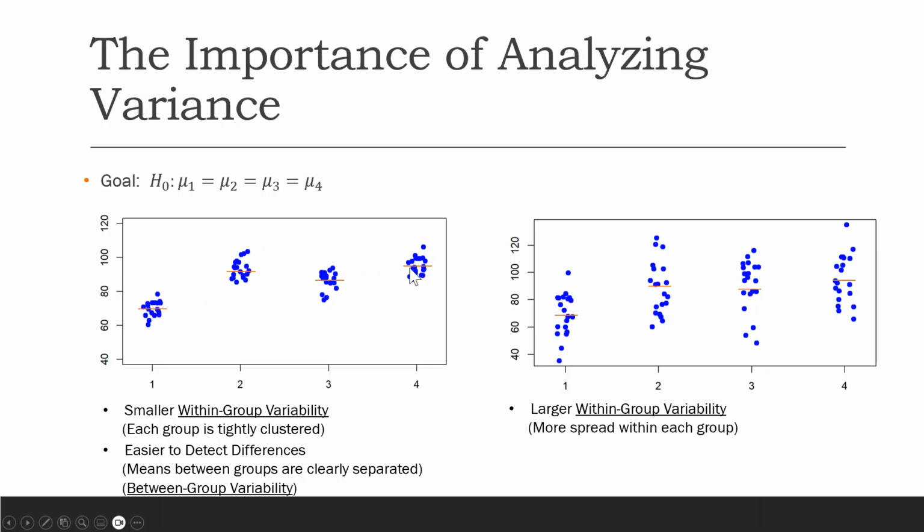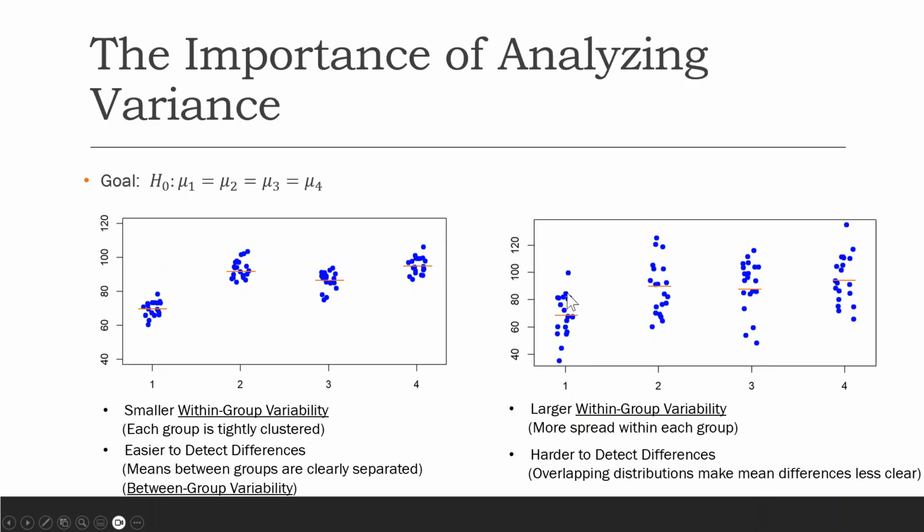In this graph to the left, it is a little bit easier to detect differences in these group means, as compared to detecting it in this graph to the right. Notice how the graph to the right has a larger within group variability.